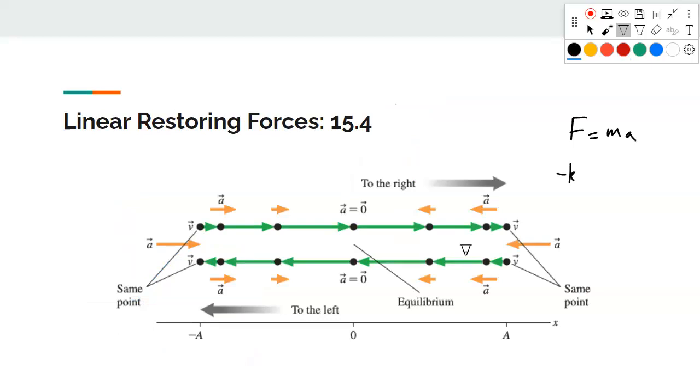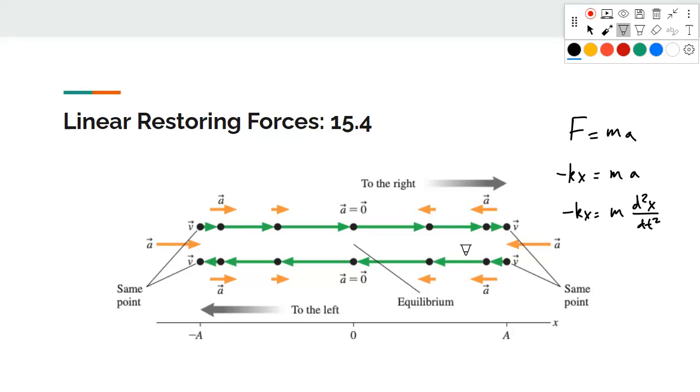So this is just negative kx equals ma. But of course, a is the second derivative of position. So this is a differential equation. We have a variable having its derivative taken, set proportional to that same variable.